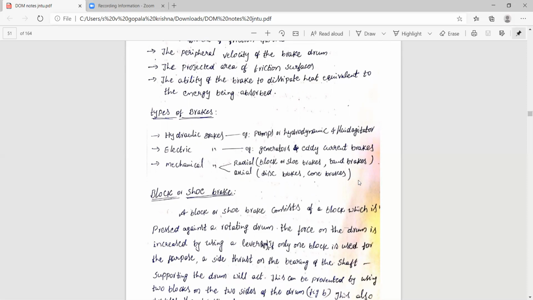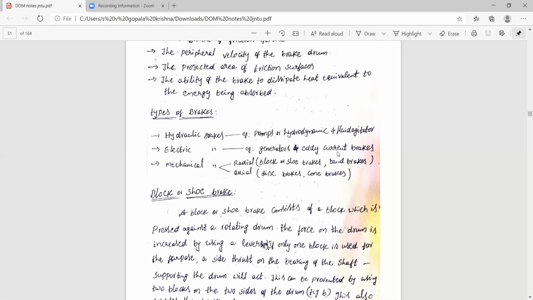Those are also known. Mechanical brakes are again classified into two types: radial brakes and axial brakes. Radial brakes are again classified into block or shoe brakes, and band brakes.